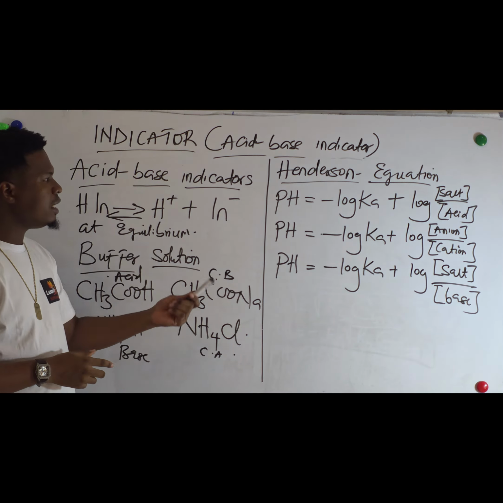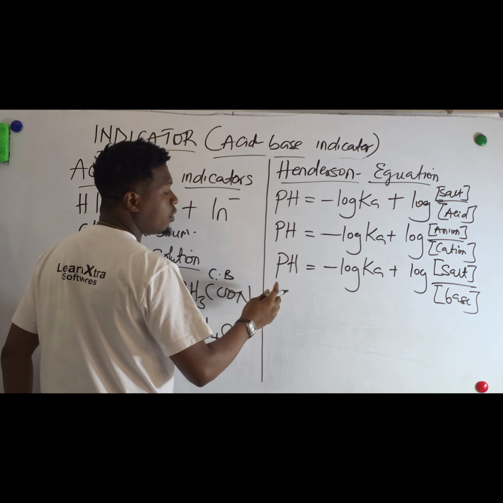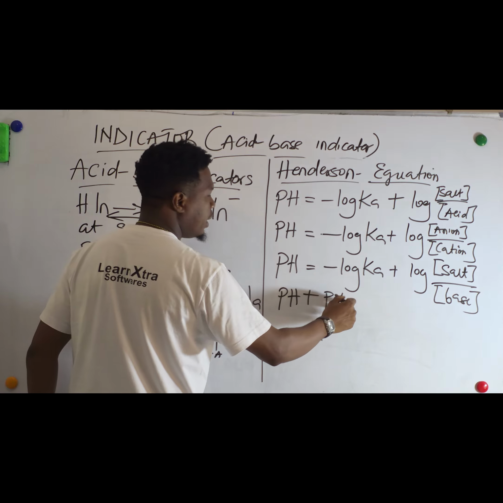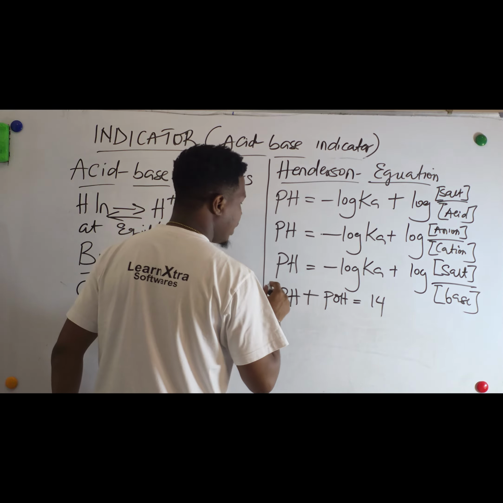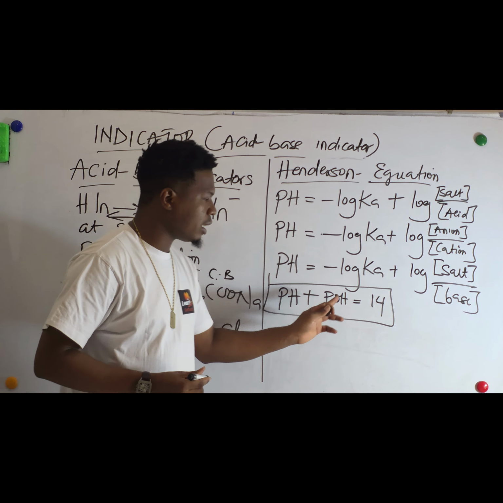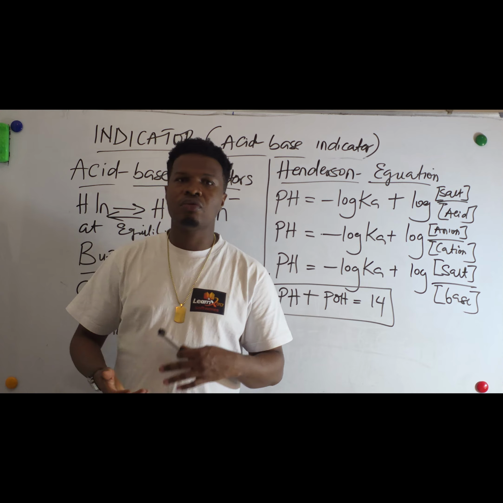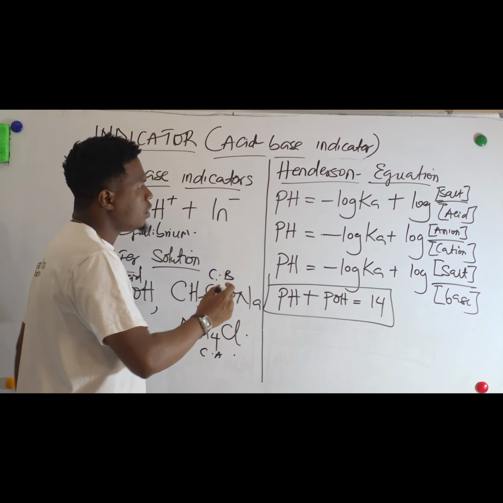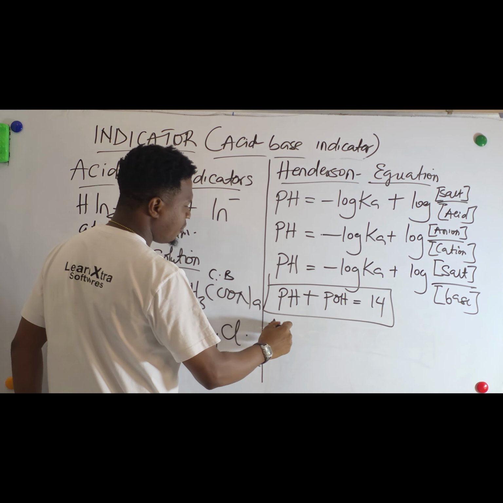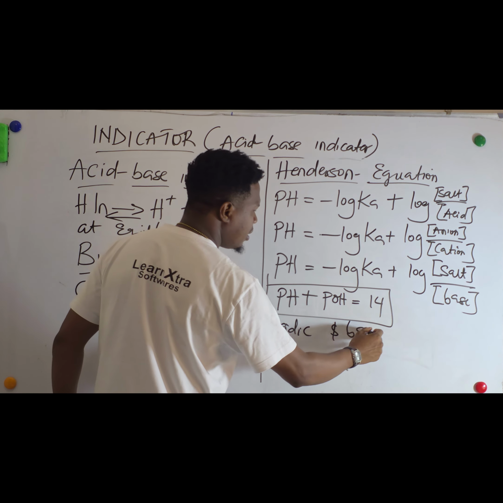With this, we can also relate it to the general equation for pH. We remember that pH plus pOH is equal to 14. So we can also evaluate the pOH from here. Once we know the pH, you can get the pOH of this same buffer, depending on what you are trying to solve. Note that we have two types of buffer: acidic buffer and basic buffer.